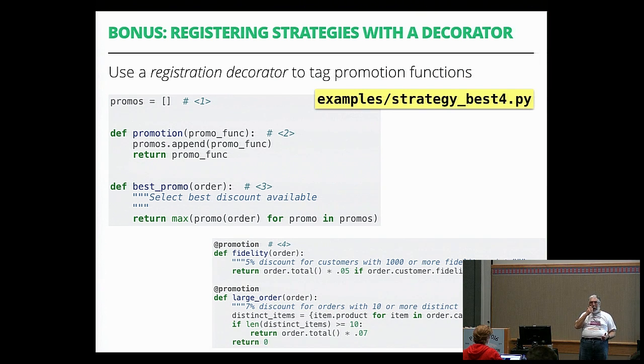I didn't understand why it needs to return promo. Okay. The reason is that what the interpreter does when it sees a decorator is, first, it builds the function object.